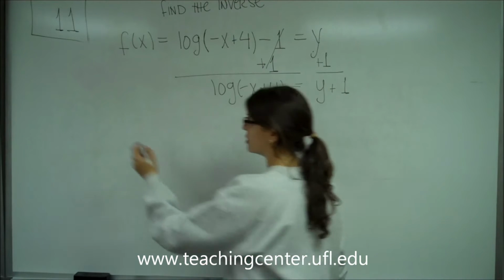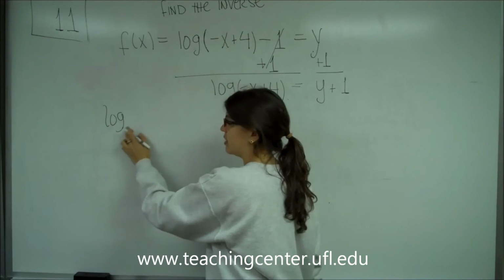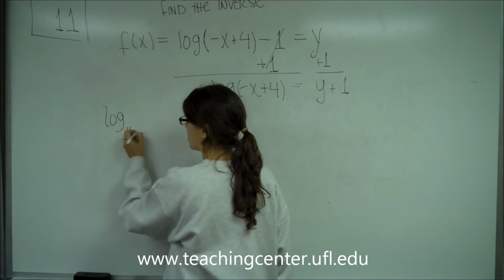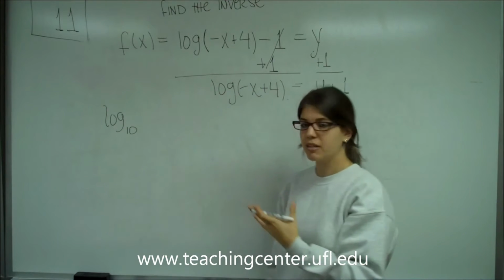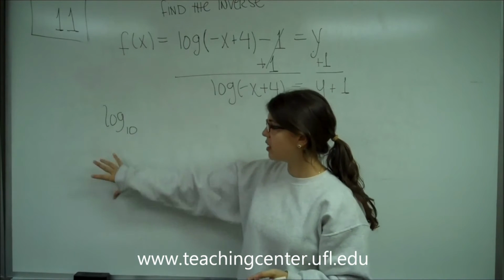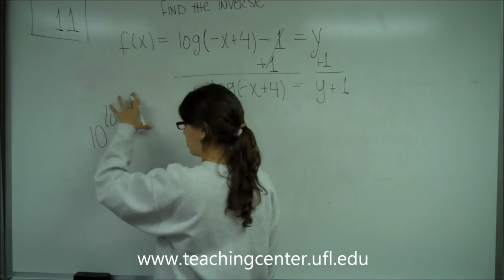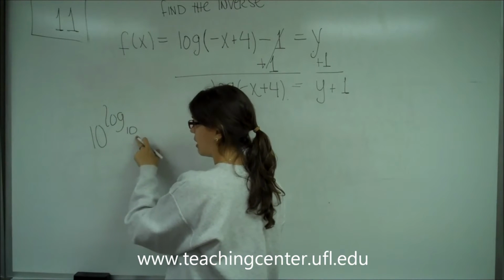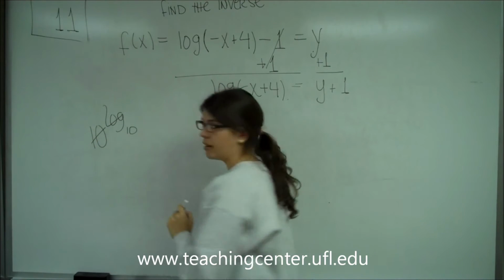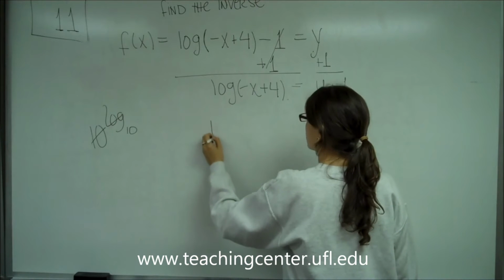Because remember, the definition of a log is that if it doesn't have any base here, that means that automatically its intrinsic base is 10. Okay? So if I want to get rid of the log, I need to raise it to the 10 to the log power, so that these two can cancel. Okay? So here I'm going to raise both sides to the 10.